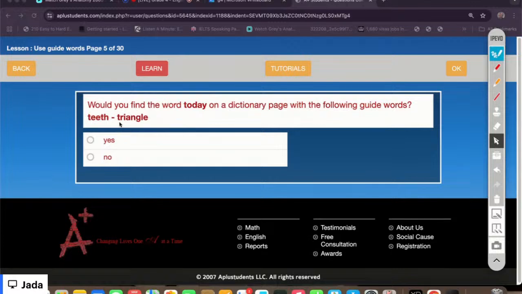Yes, we can find today in between teeth and triangle because teeth is TE, triangle is TR, and today is TO. So the first letters are all the same, and we're working with the second letter. So today is O, and by the time you say your alphabet from E up until R, you can definitely find O in between E and R. It's like that. Okay, so we have L, M, N, O, P, Q, R. So of course you can find today in between that.